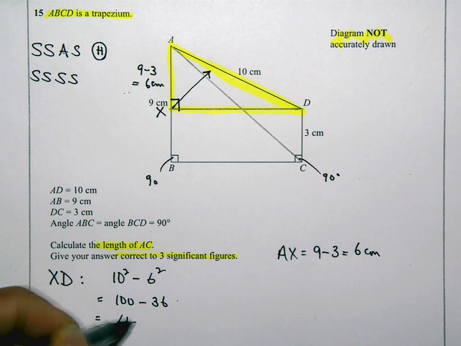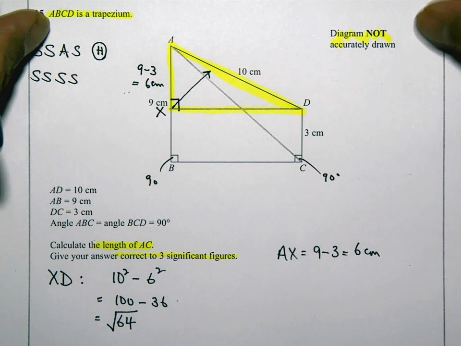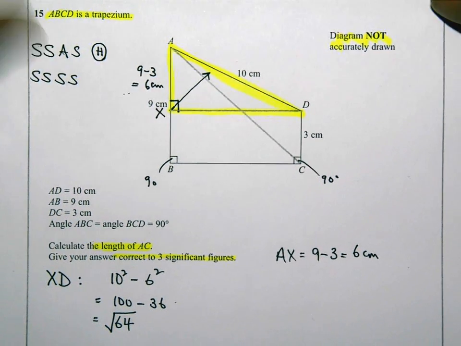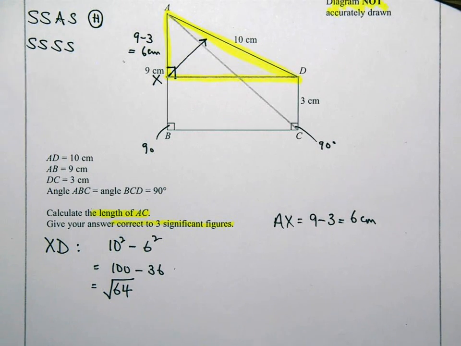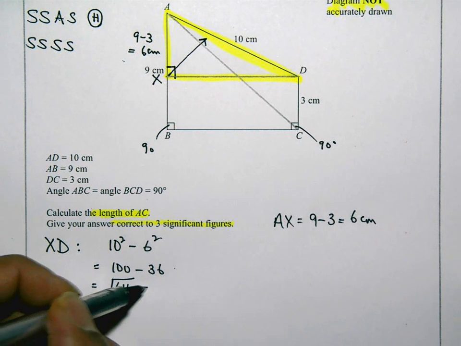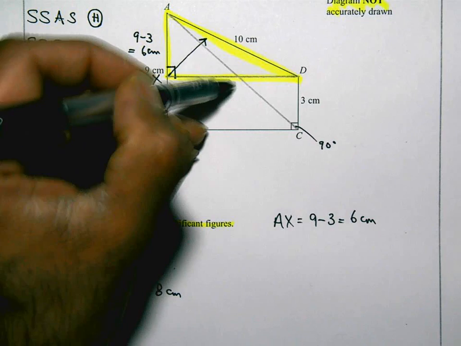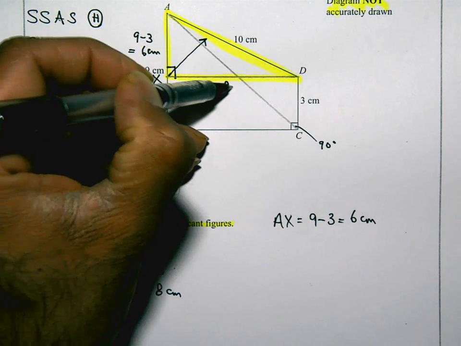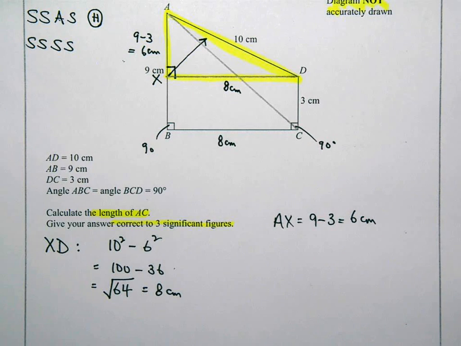And then I'm going to square root 64, that gives me 8 centimeters. So what that tells me is that XD is 8 centimeters, and so is BC. BC is 8 centimeters.